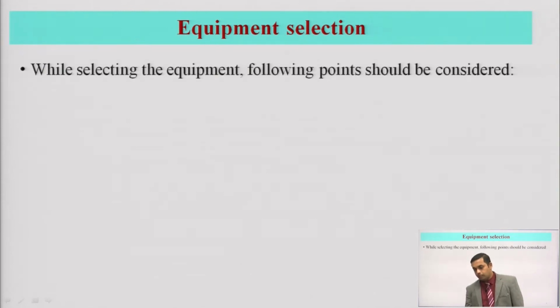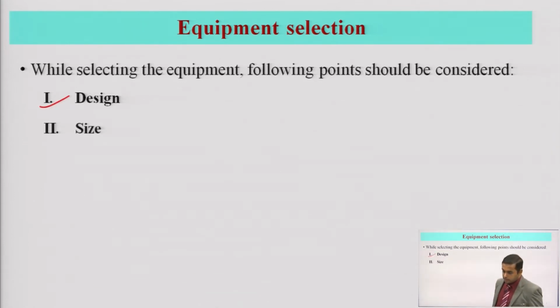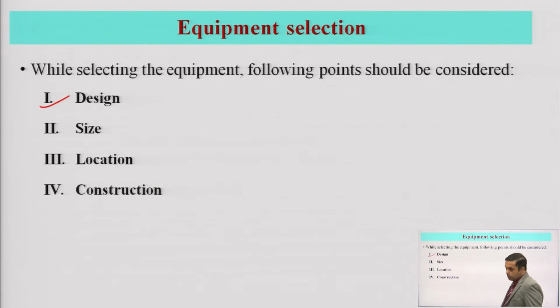Okay. So, now the question is how you will select a good equipment. While selecting the equipments, the following points should be considered. What are the points? First is the design, then the size, then the location, construction also. Why is it important? Because it depends on what kind of activities you are doing.